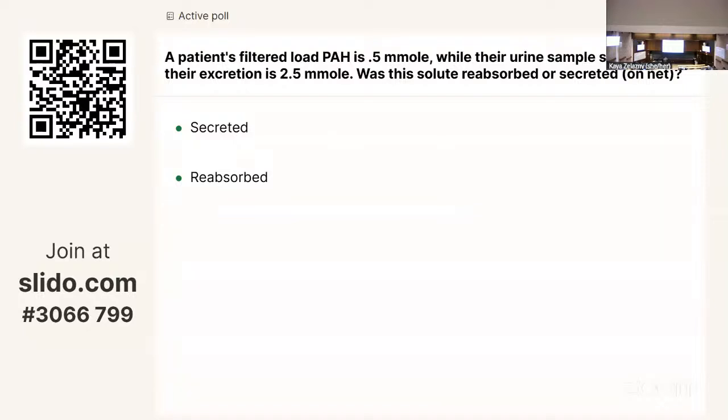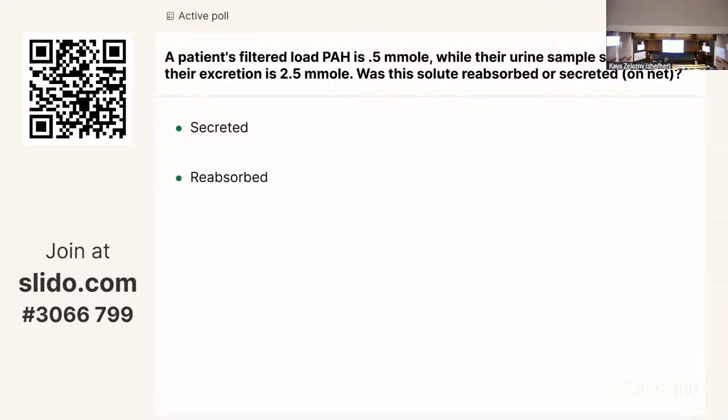We're going to start out with a question. This is something you should be referencing that very last slide that we got to last time to figure out. We were talking about how we can figure out whether on the whole we have secretion or reabsorption happening as we pass through the nephron and out the kidney.